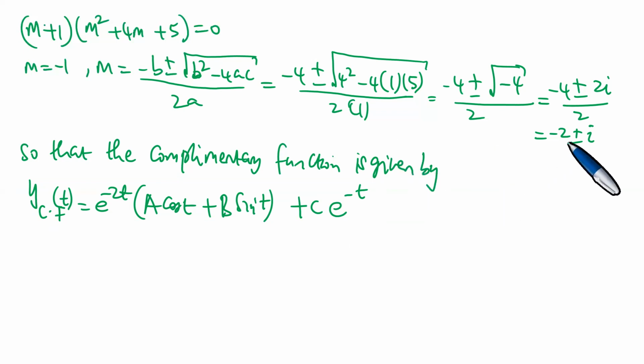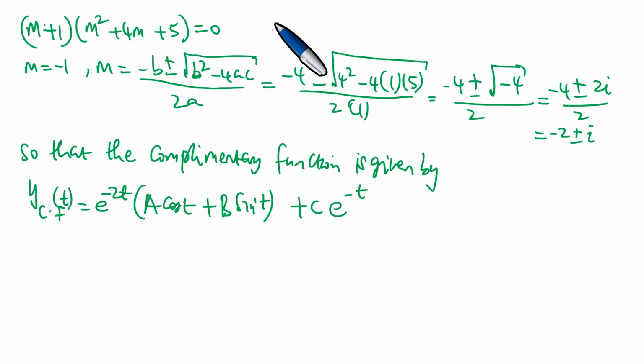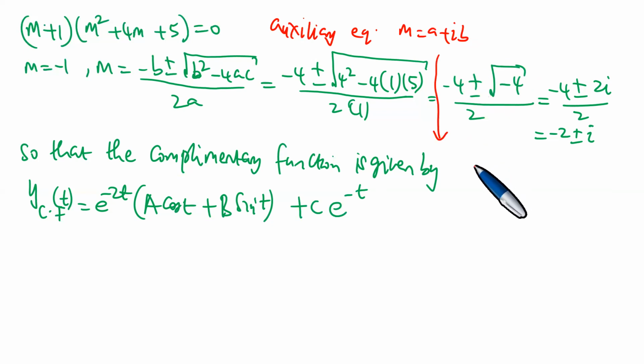Yeah, that equation is coming from the fact that in mathematics, if the auxiliary equation has the roots m equals a plus ib, then from that point, what we're getting is the answer becomes e to the at into a times cosine bt plus b the sine of bt.